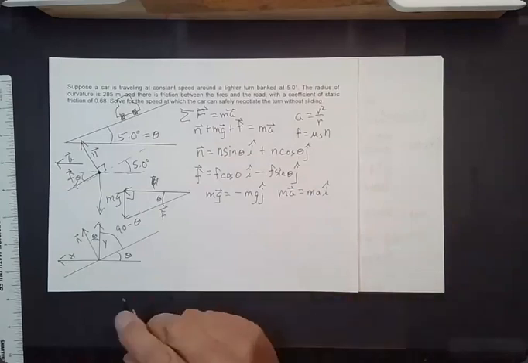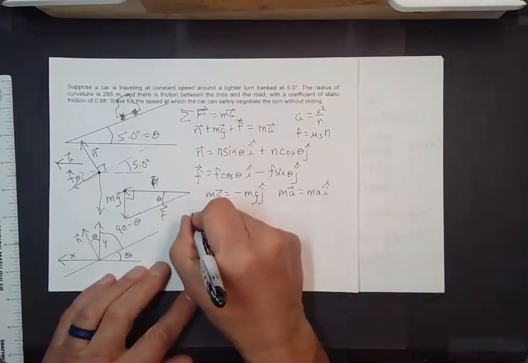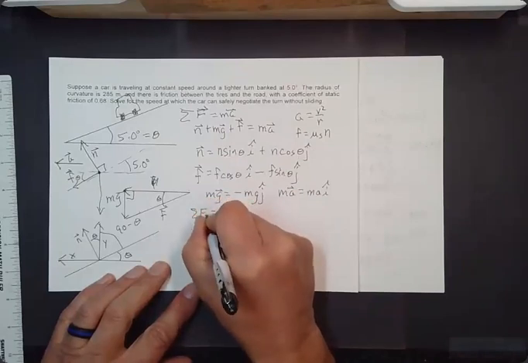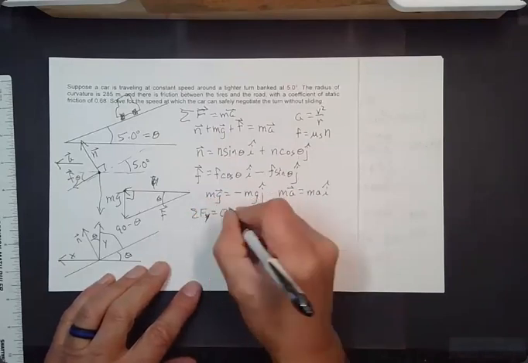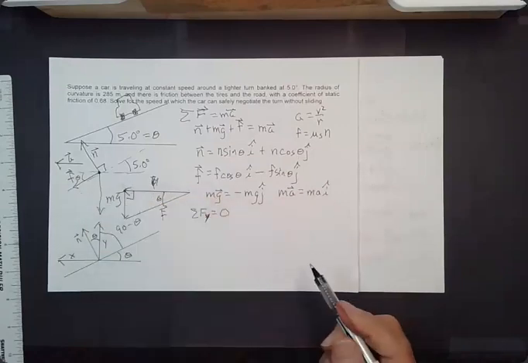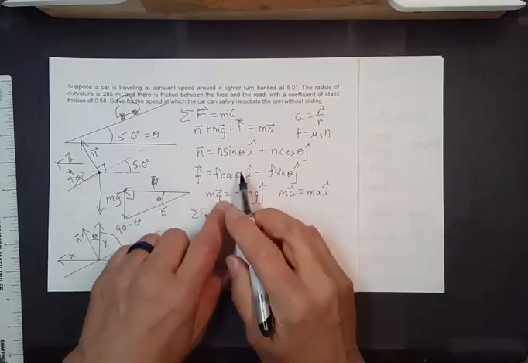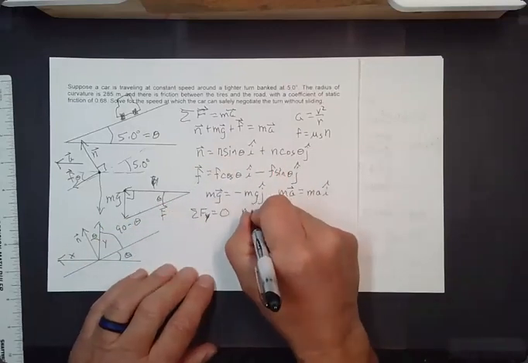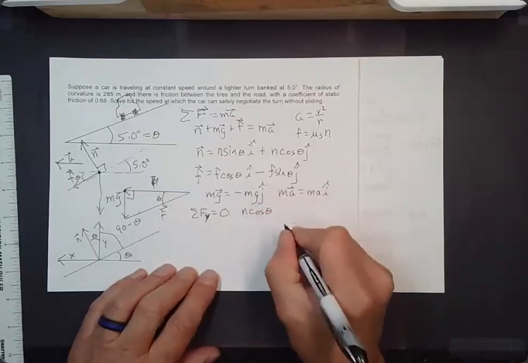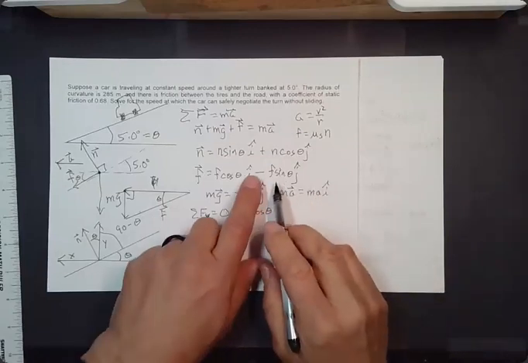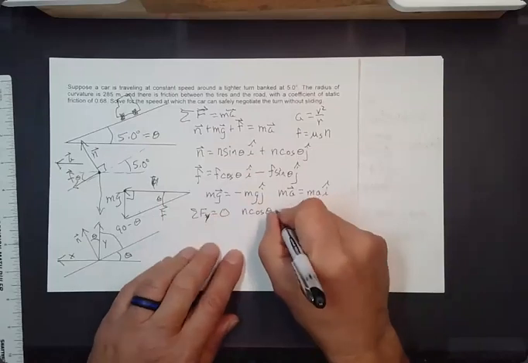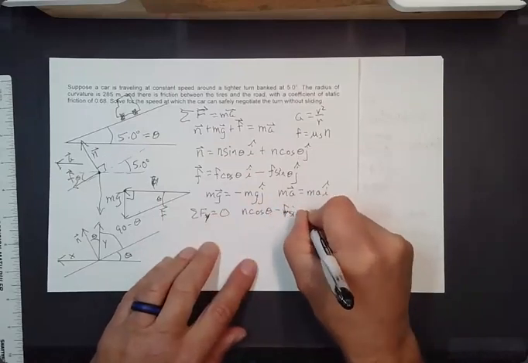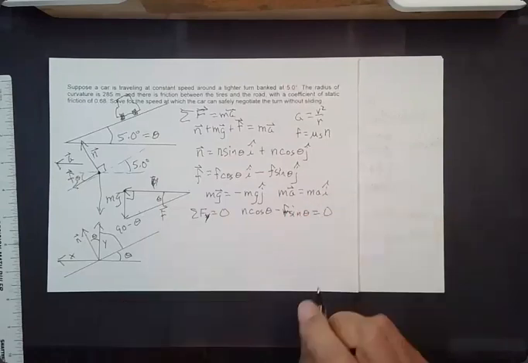So let's look at maybe the j hat terms first. The sum of the forces in the x direction, or the y direction, excuse me, those are equal to 0 because the acceleration's in the x direction. So what have we got? We have n cosine theta, let's see, minus F sine theta is equal to 0.